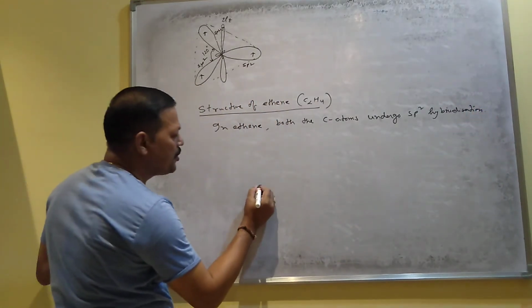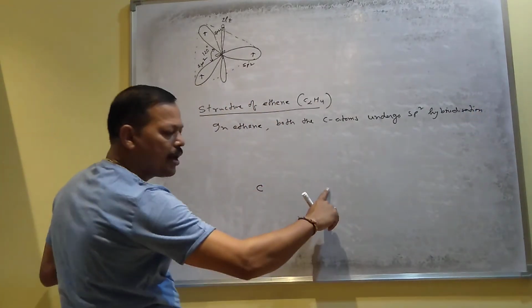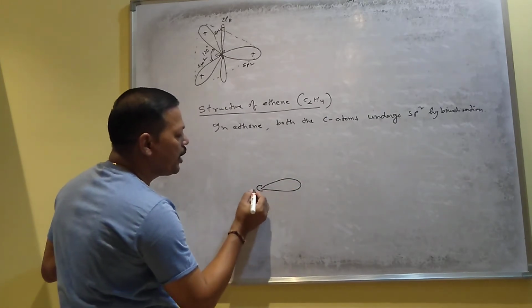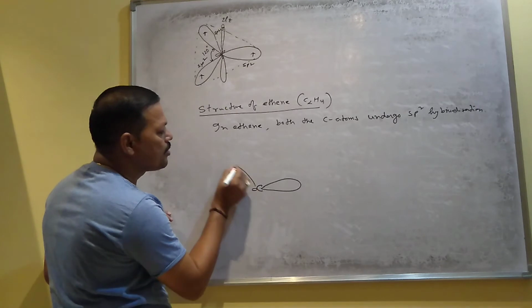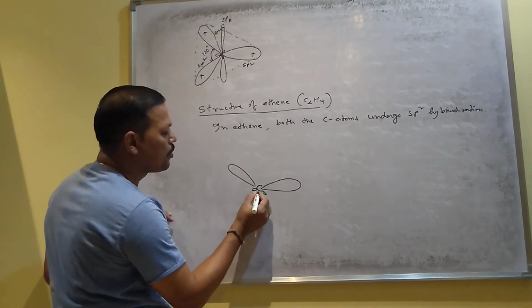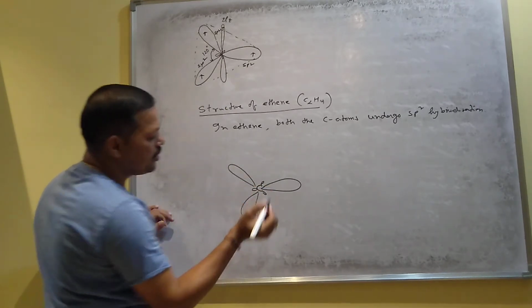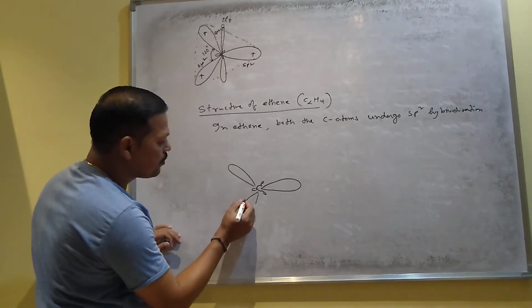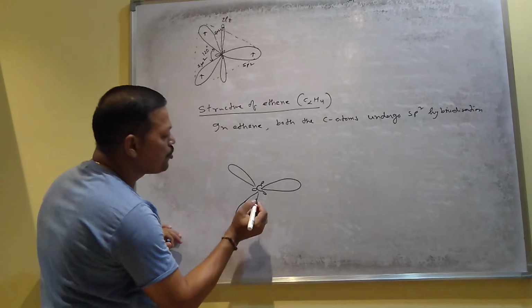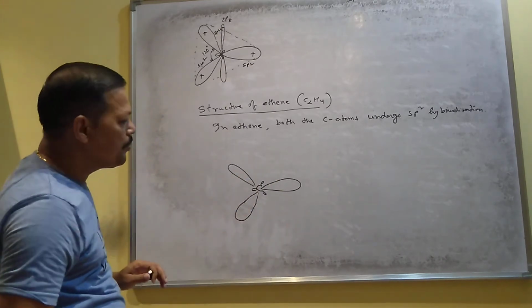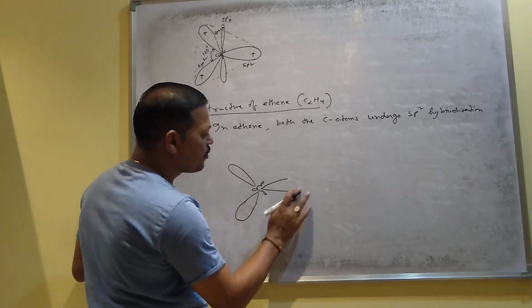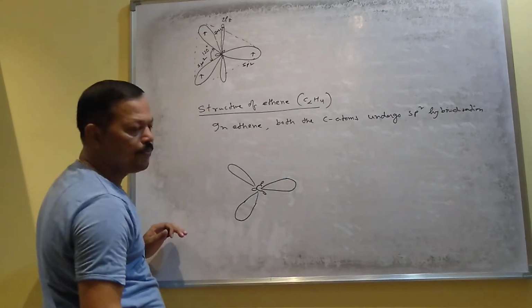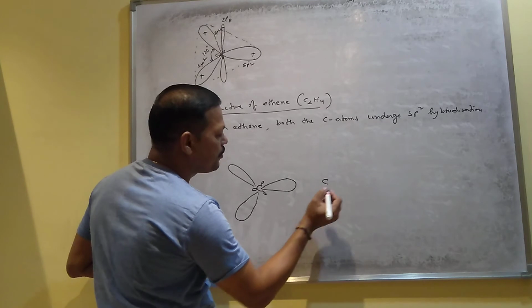Now this is one carbon, and here I will write another carbon. This carbon produces 3 sp2, and they are trigonally arranged like this. These are the 3 sp2 of one carbon. Your orbital size should be the same. They should be similar in size, because all are equivalent orbitals. And this is another carbon.